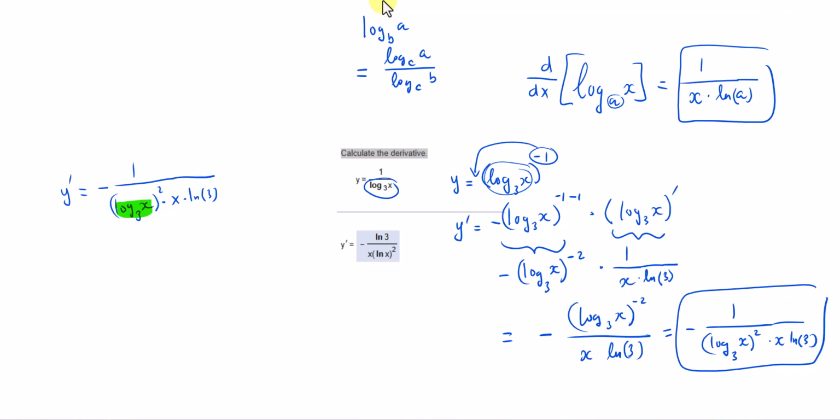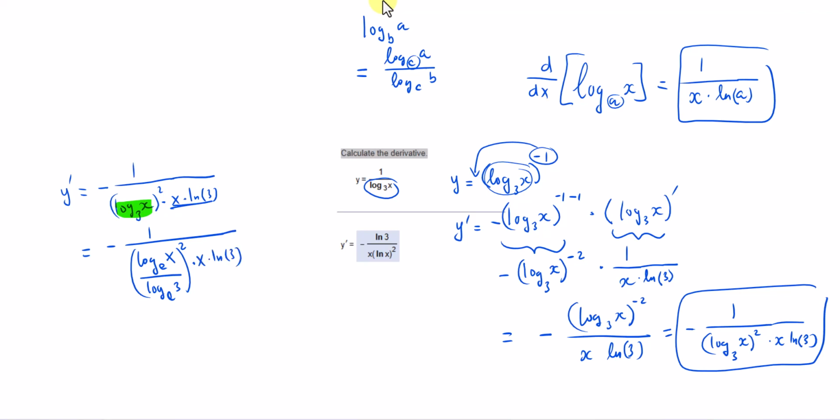In this case, I'm going to change this log base 3 of x. So I will borrow the c. In this case, I'll take the base e. So log base e of x divided by log base e of 3. And then I still have the square outside, and then I still have x and ln of 3.